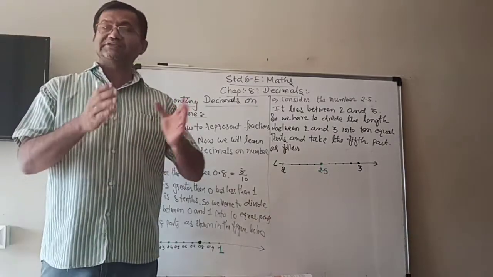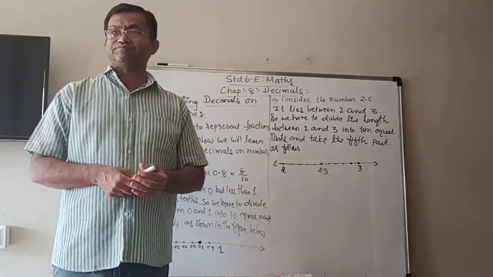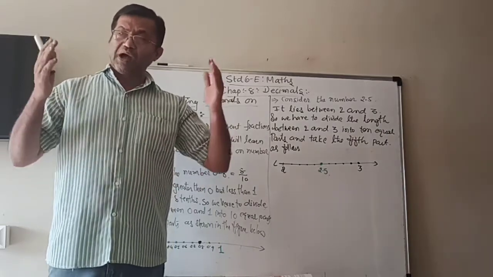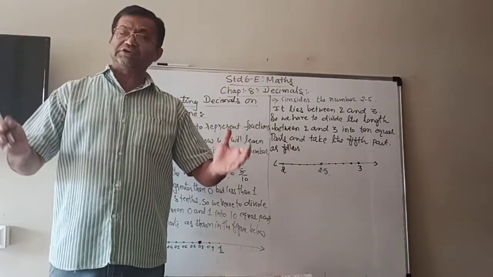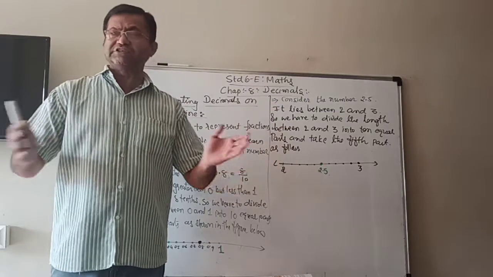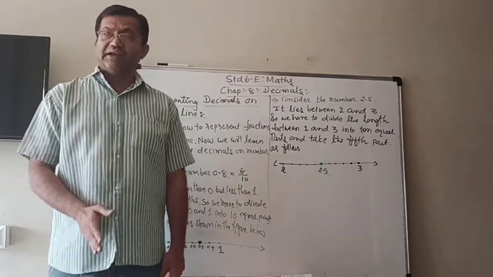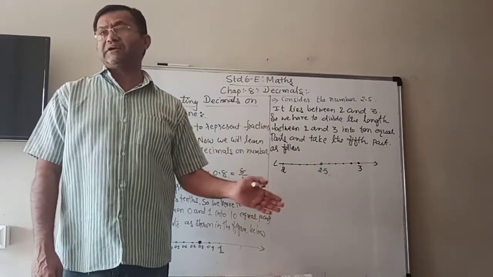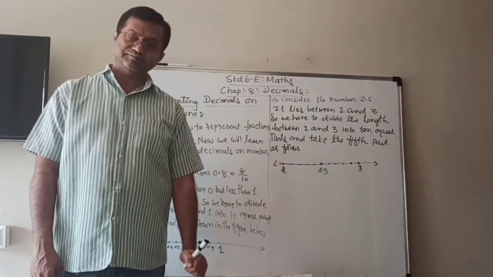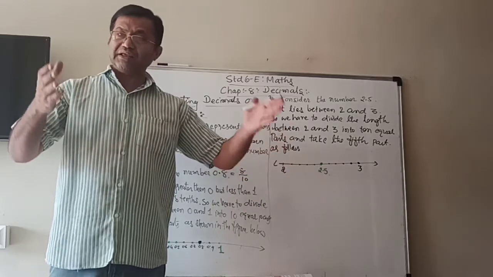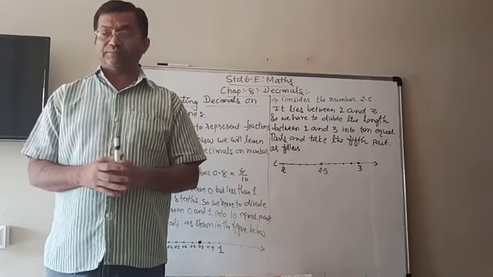So whatever the number is like 0 point something, you have to divide the length between 0 and 1 into 10 equal parts, and then consider that part which is in the number. So now it is when the number is between 0 and 1.